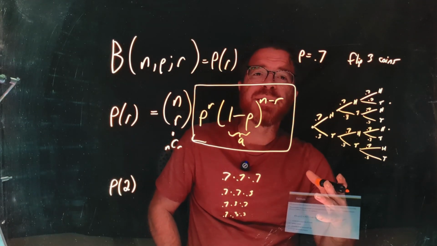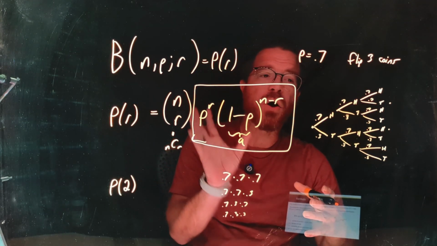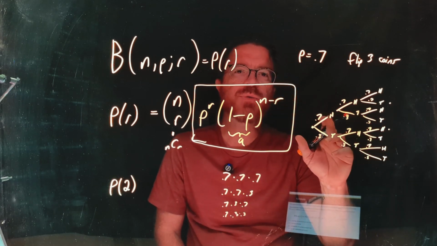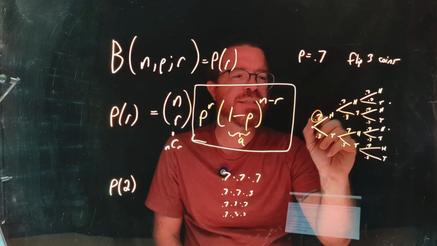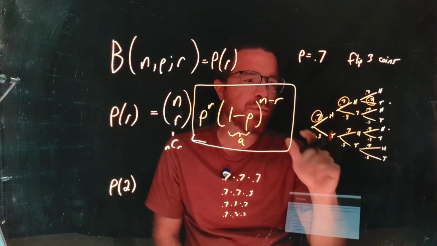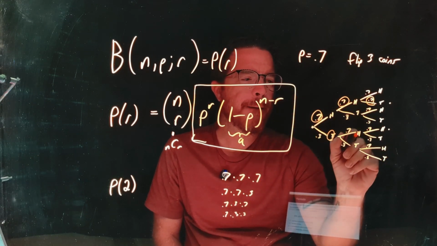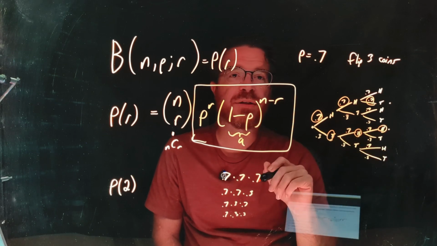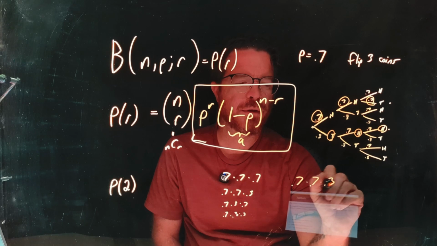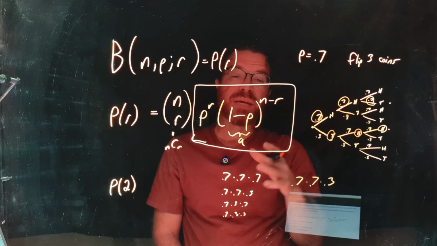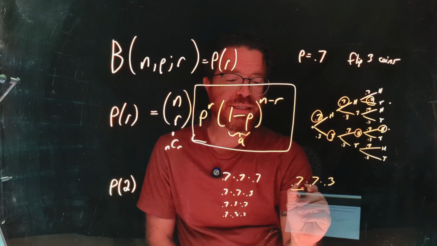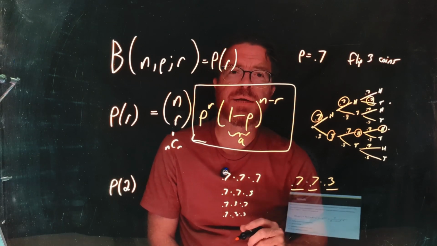And basically what's going to happen is, if you were to take all of the cases where we get 2 heads, notice what our probability is. 0.7, 0.7, 0.3. The second one, 0.3, 0.7, 0.7. So every outcome where I get 2 heads has 0.7, 0.7, 0.3, because P is constant.